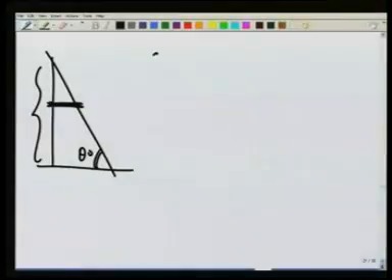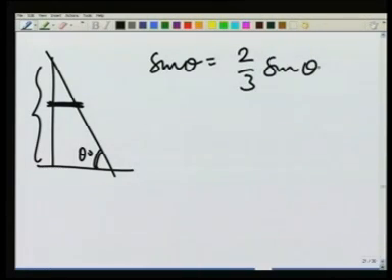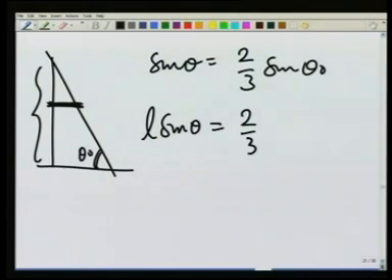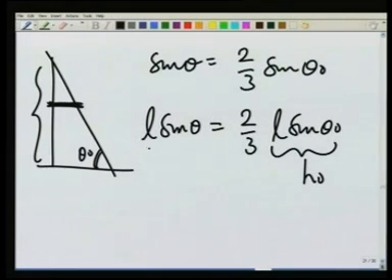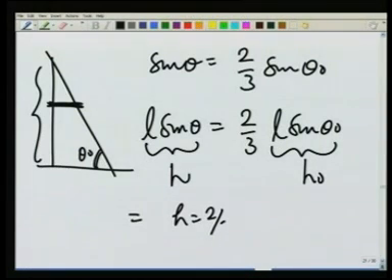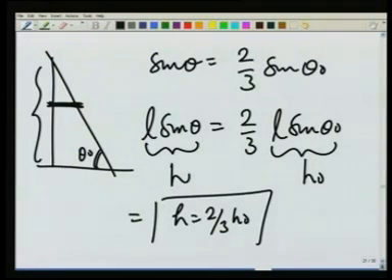So, L sin theta is equal to 2/3 L sin theta 0. L sin theta 0 is the initial height, and this is the height at which the ladder leaves the wall. So, at 2/3 the original height the wall and ladder separate.